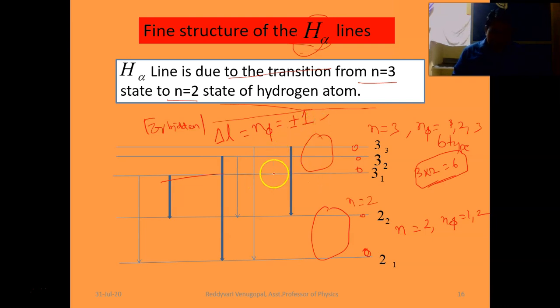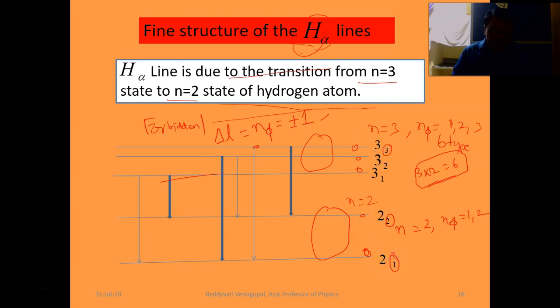So if you take this one, this is 3 and this is 2. That means delta n_phi or delta L is equal to 1. If you take this transition, just observe here, for this one n_phi is 3, but for this one n_phi is 1.